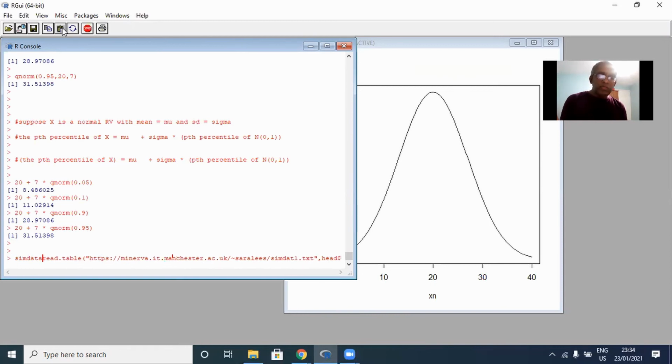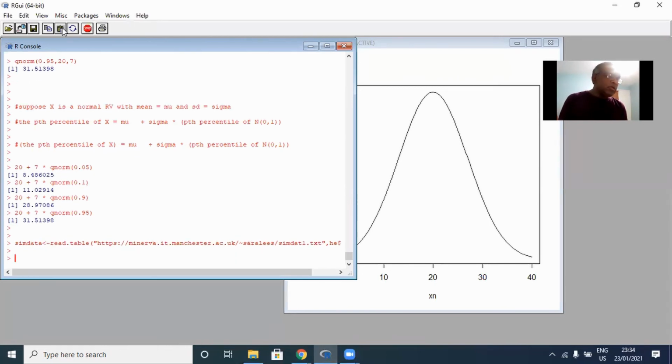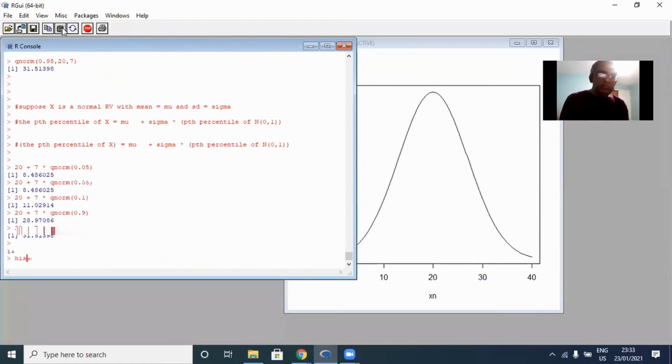Now what I want to do is a histogram of this, and then on top of the histogram I want to fit a normal PDF. The first thing we want to do is a histogram of the sim data.